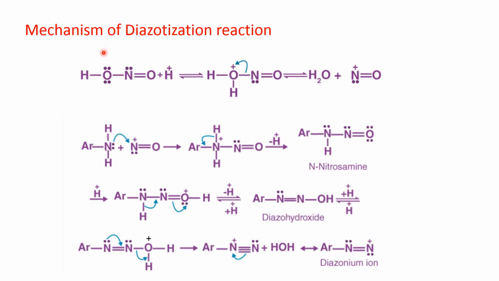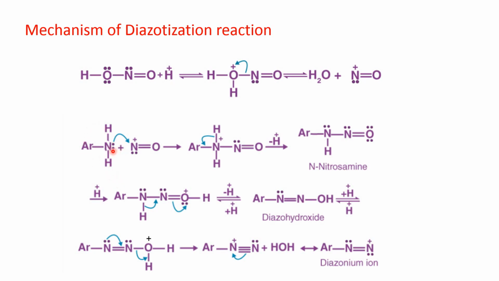This H+ will come to the lone pair of electrons of oxygen. So this oxygen becomes positive. So this bonded electron pair shifted here and you will get N=O+. Okay. Now this is the electrophile N=O+, and here this is your aromatic amine, aniline.